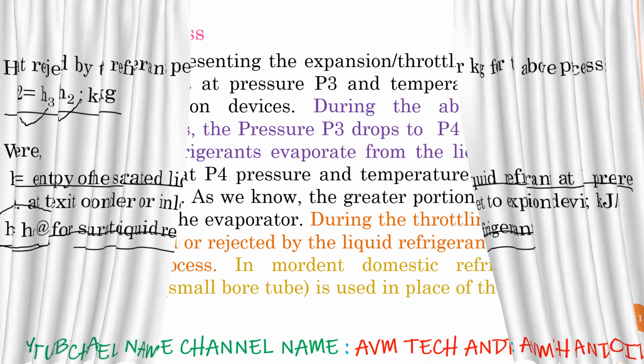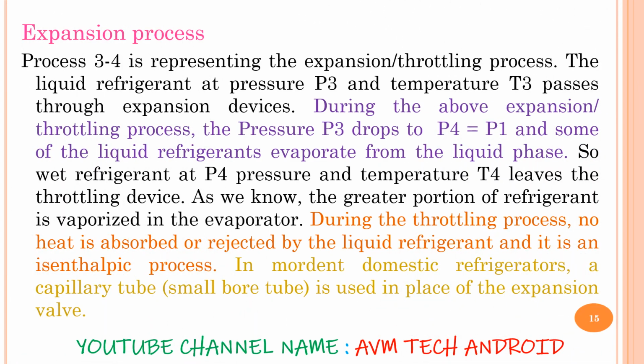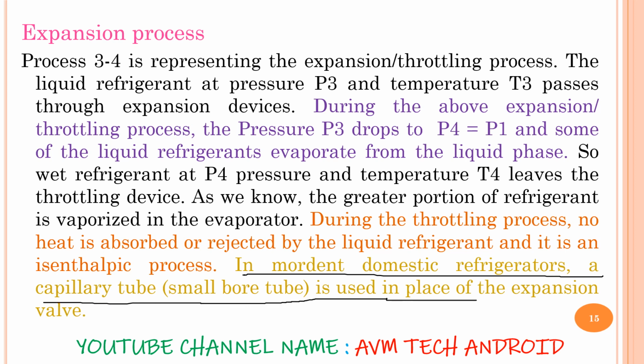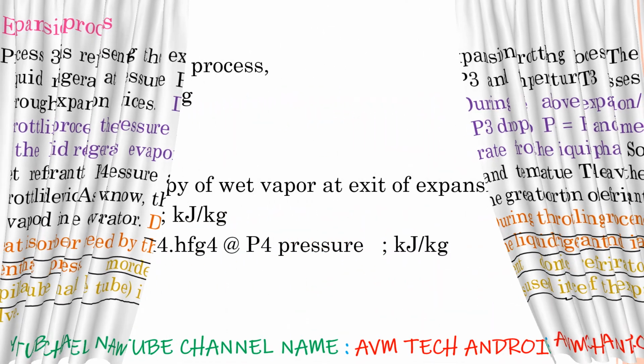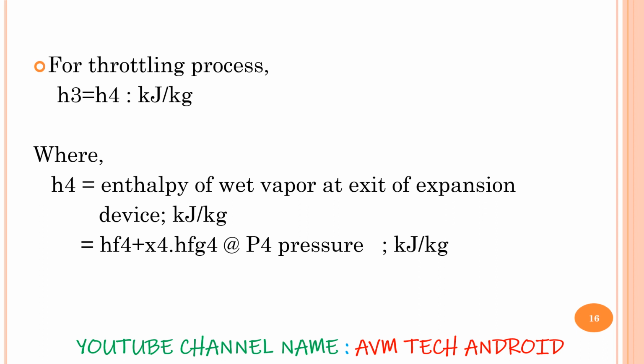Next we discuss the expansion process that takes place in the expansion device. I told you it is an isenthalpic process. You can see in the modern domestic refrigerator a capillary tube, a small bore tube, is used in place of an expansion valve. During the throttling process, no heat is absorbed or rejected by the liquid refrigerant, and it is an isenthalpic process. So for the throttling process, H3 equals H4.